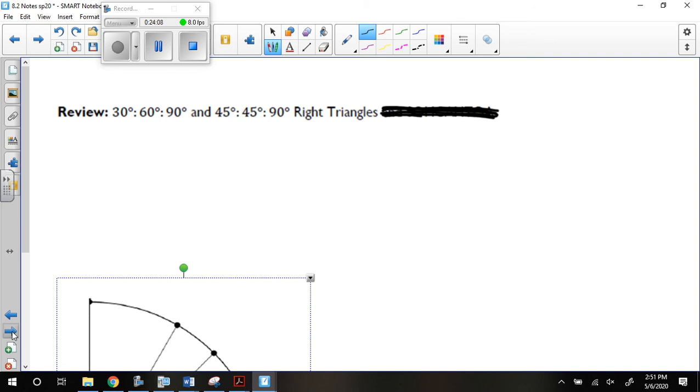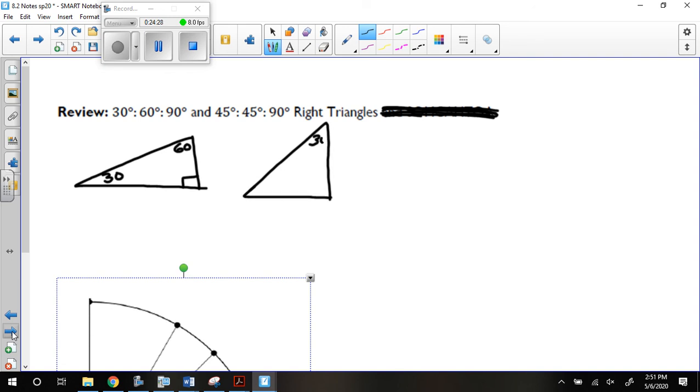Okay, so we've got a 30, 60, 90 triangle. I can draw another one that's technically still 30, 60, 90, just the 30 would be up top here. And then I can draw a triangle that has two equal angles. Well, that didn't go very well, hold on.